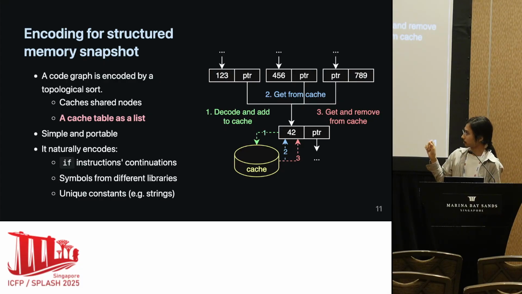For example, sometimes if instructions have a continuation for both then and else bodies, these are encoded as shared nodes, and also we can encode symbols from different libraries without any manipulation or pre-processing of the code graph.